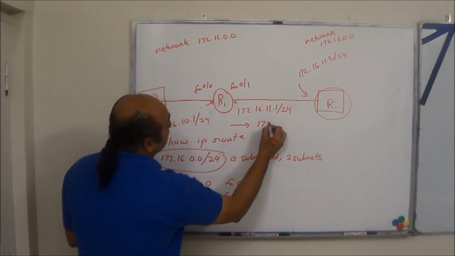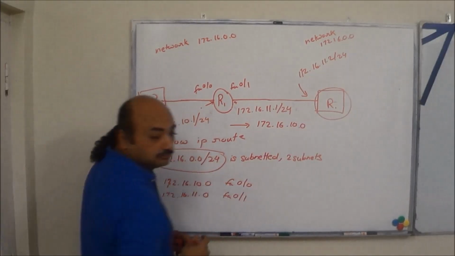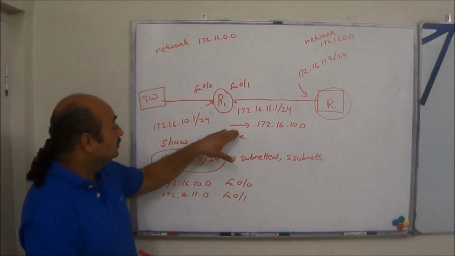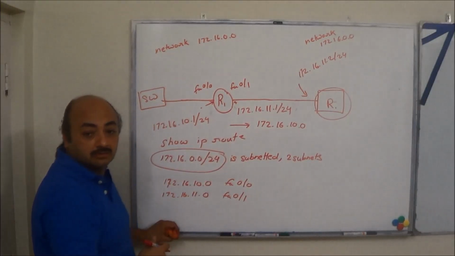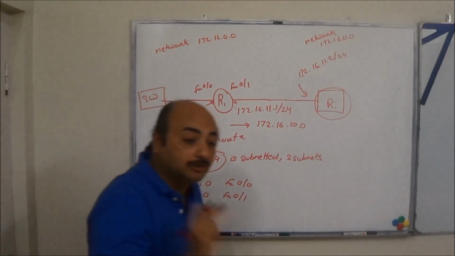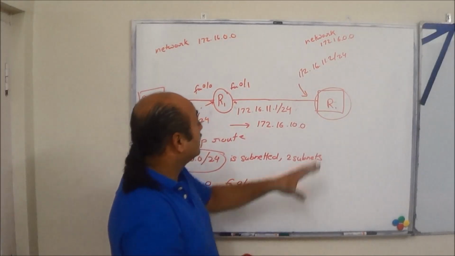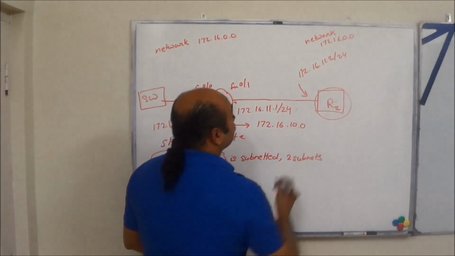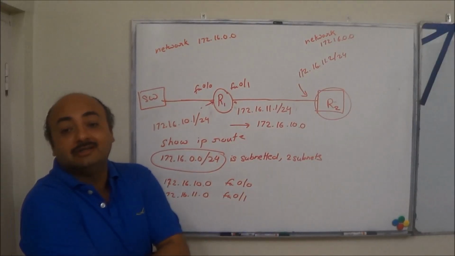It will be sending 172.16.10.0, whatever is configured here as the subnet. It is not sending the subnet mask. It sends the subnet, and it is left up to R2 how and what it interprets.